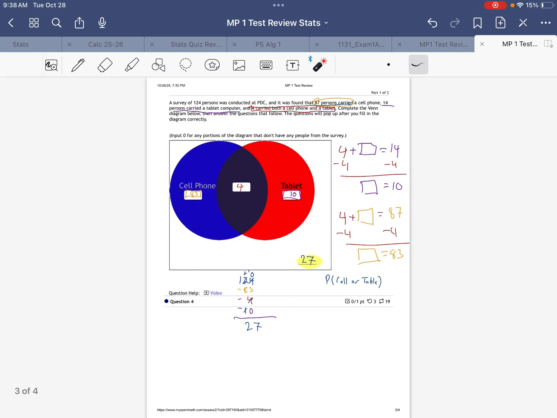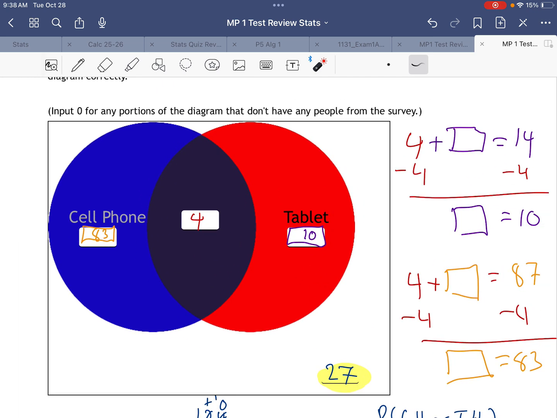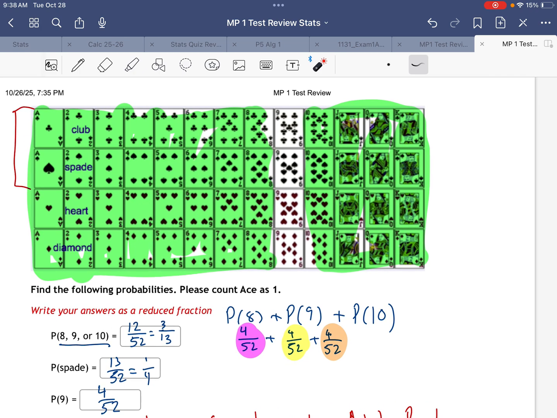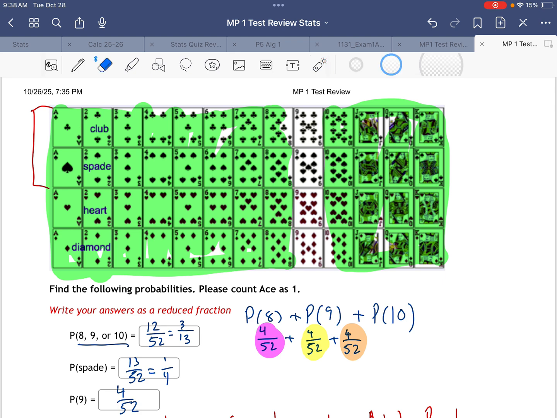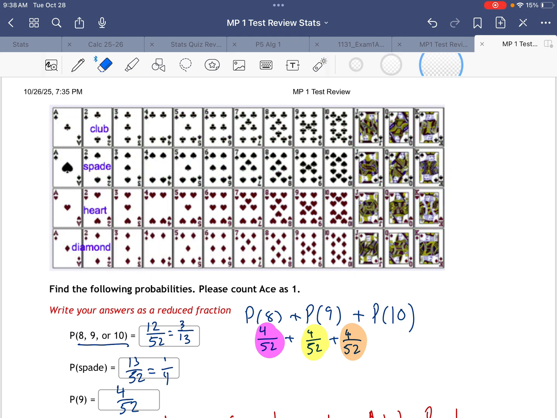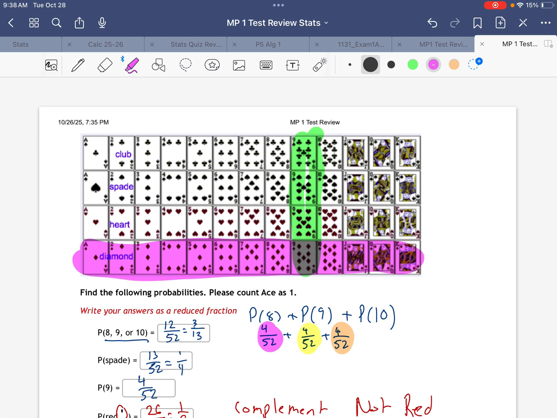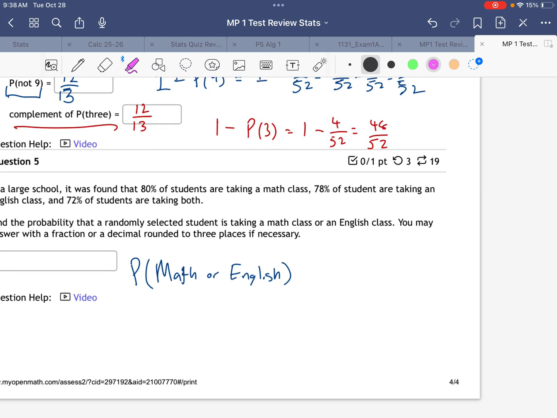Similar to the example here with the cell phones, because there's people that fall into both camps of having a cell phone and having a tablet, or another example that's not mutually exclusive would be looking at the probability of a 9 or a diamond, right?